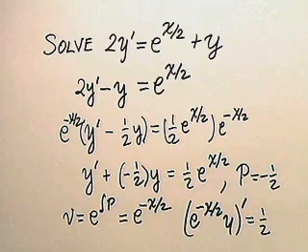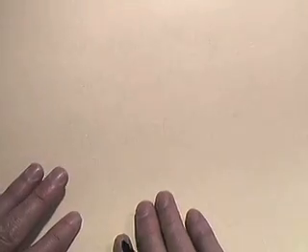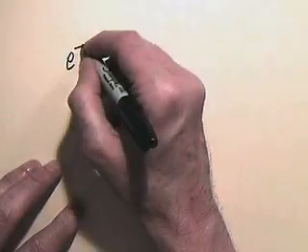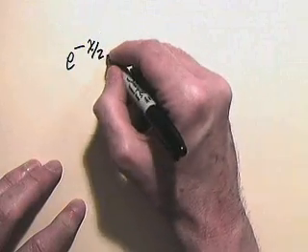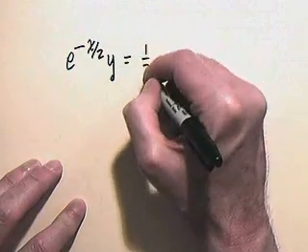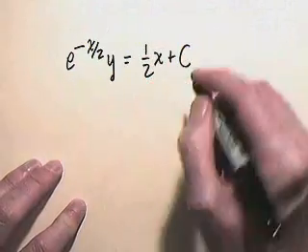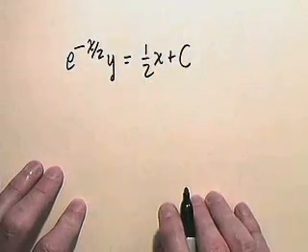Well, that's a pretty easy equation to solve. If we anti-differentiate both sides, the right side antiderivative is simply 1 half x. So look what we're going to get. E to the negative x over 2 times y equals 1 half x plus a constant of integration.